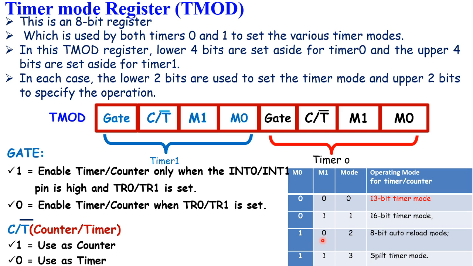When M1 is 1 and M0 is 0, mode 2 occurs, the 8-bit auto reload mode, and when both are 1, mode 3 occurs, the split timer mode. So the first two modes we already discussed in part 1's video lecture, and today we are going to discuss the details of mode 2 and mode 3, that is the 8-bit auto reload mode and split timer mode.